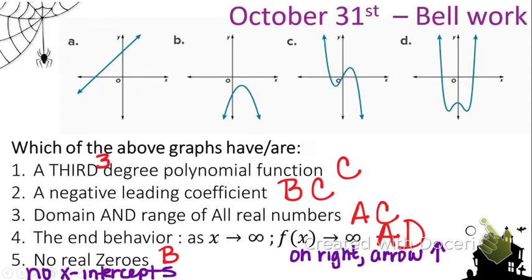Anybody still need one? You need one, Brooklyn or Hayden? There you go. Look under your desk, too, because sometimes people put them under the desk. Any calculators under your desk? No? Okay. Well, let's keep moving.